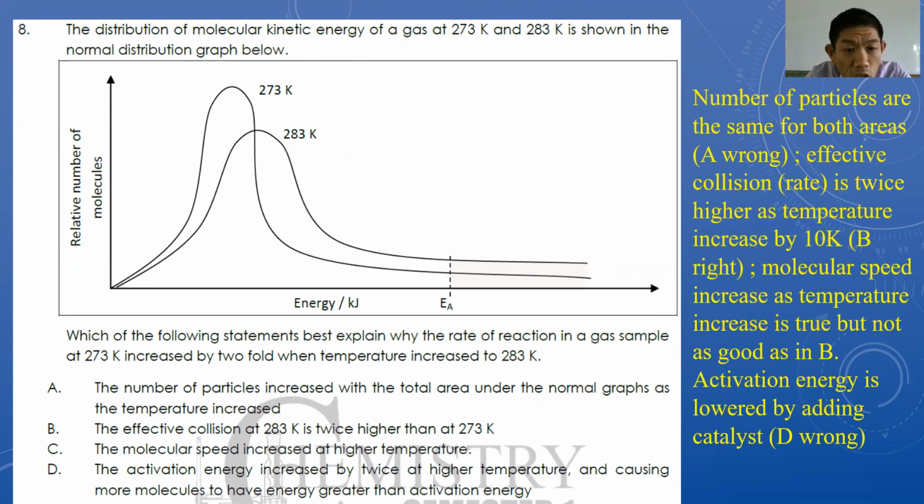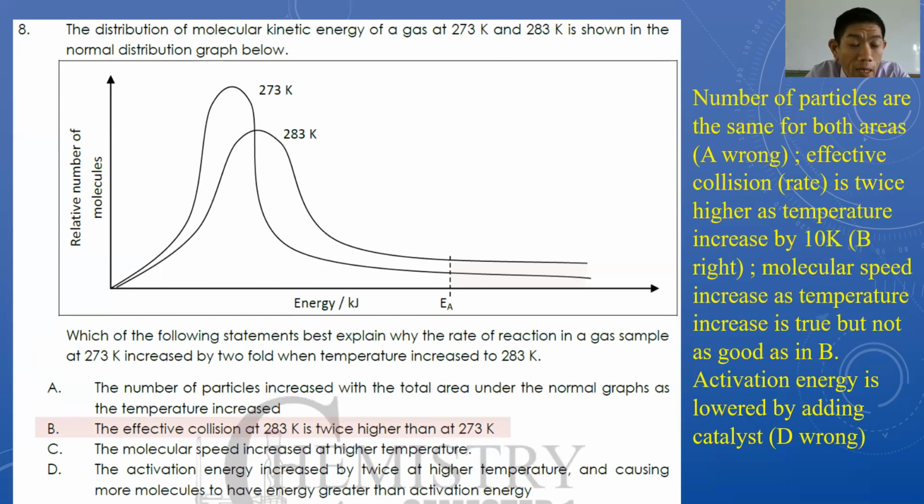B, effective collision at 283 is twice higher, which is correct, because when you have a broader area, that means you have more particles with energy greater than activation energy, therefore the effective collision is higher. C, molecular speed increase at a higher temperature. Molecular speed generally increases, yes, but that does not explain why the reaction rate increases by double.